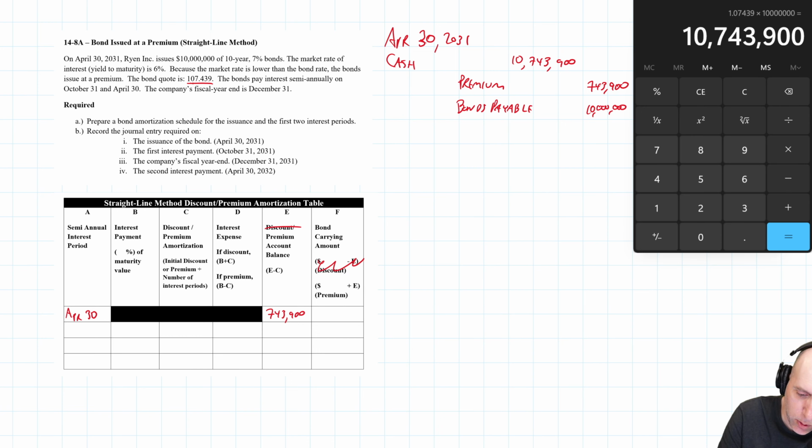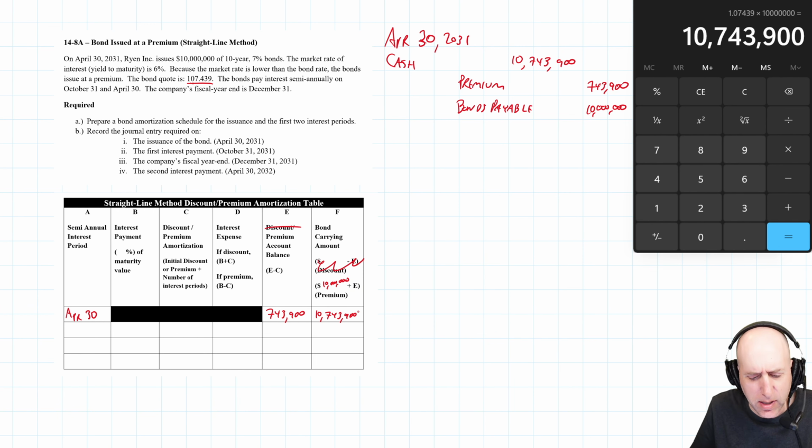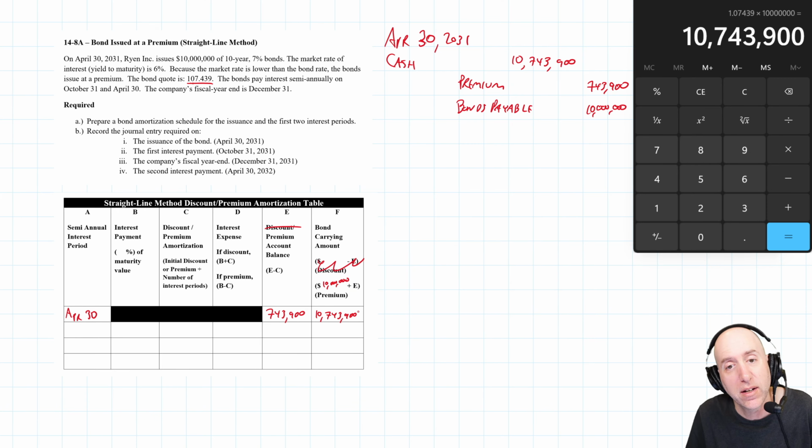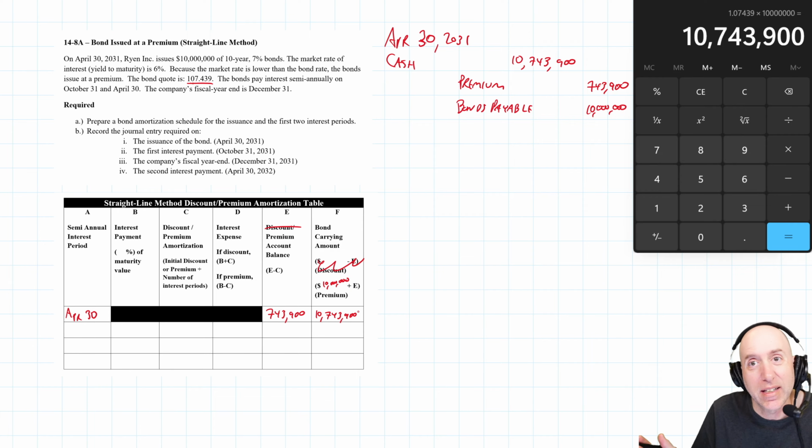That was our starting point, and the bond carrying amount is $10 million plus whatever's in E, $10,743,900. If you look back to problem 14.4a, you'll see this is exactly the same starting point, but once we get into the table, you see it's a little different, and the straight line table is easier.